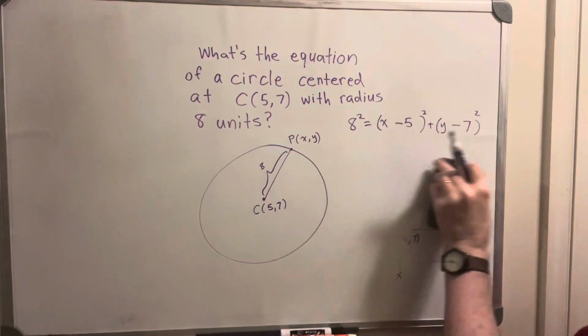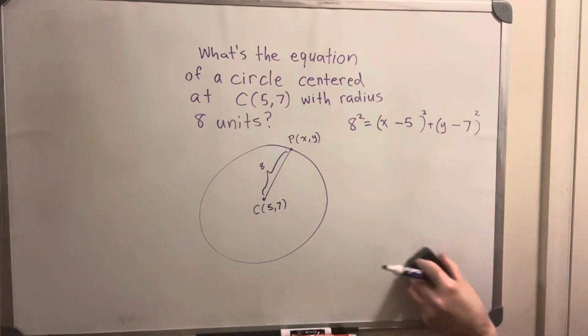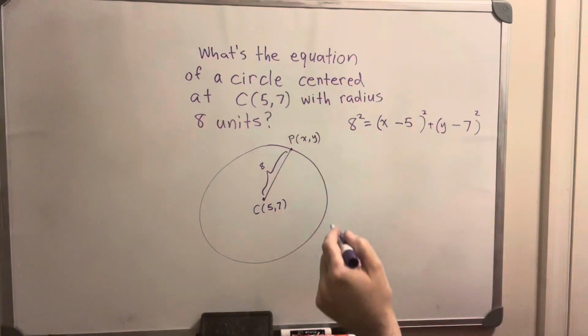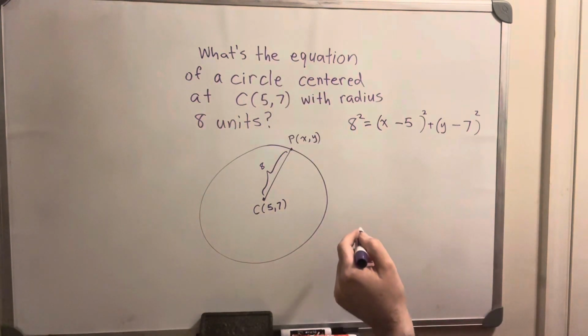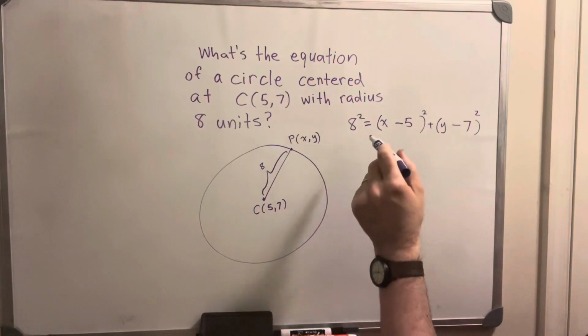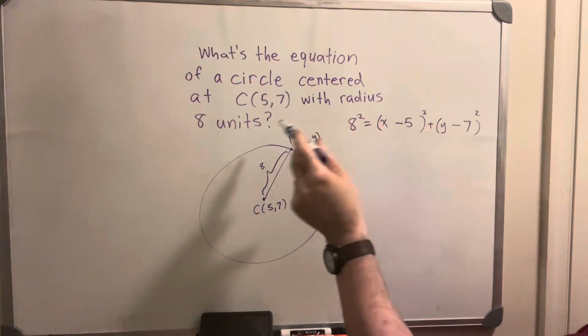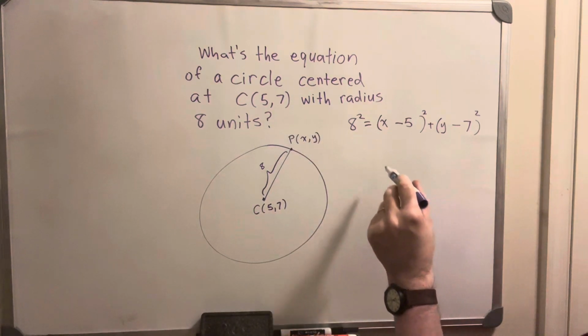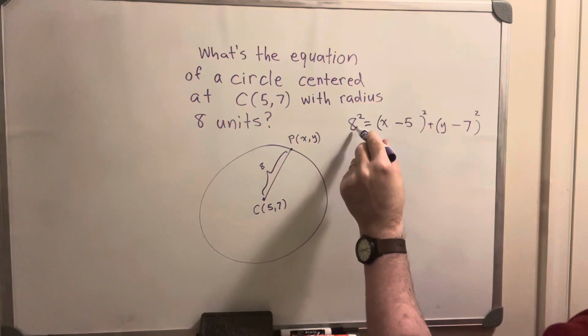The question was, what's the equation of a circle with the center at 5, 7 and the radius 8 units? This is the equation. This is the radius squared.